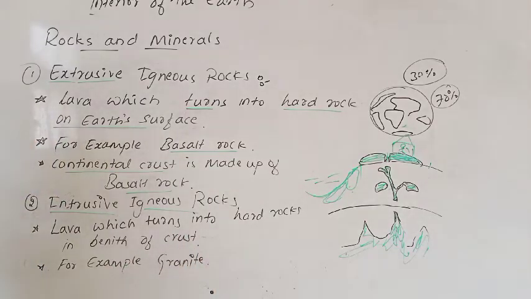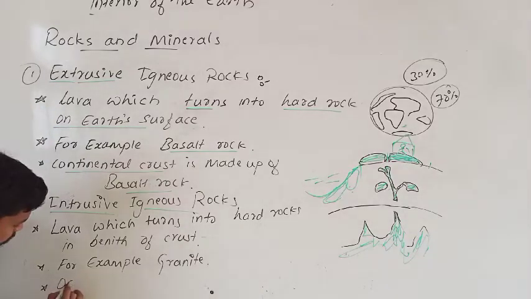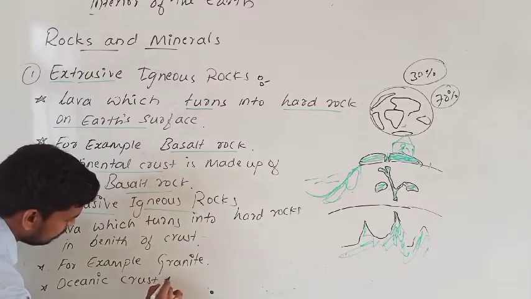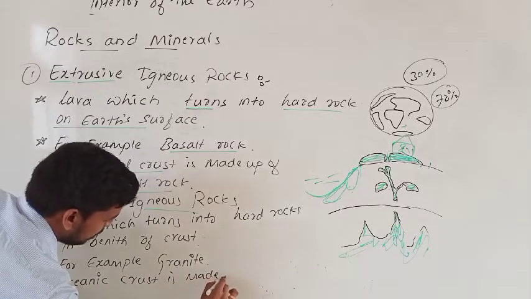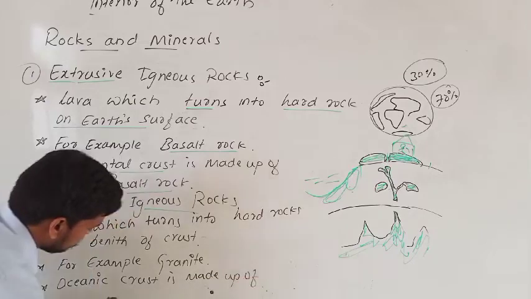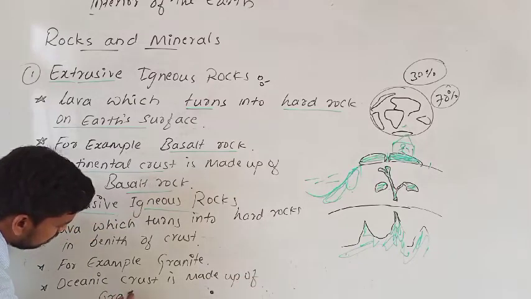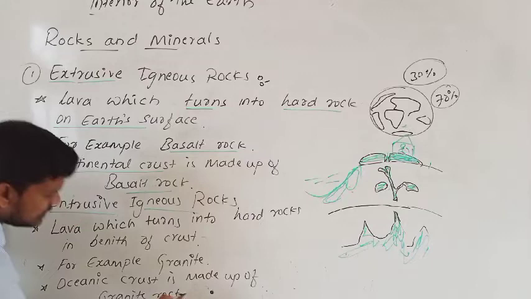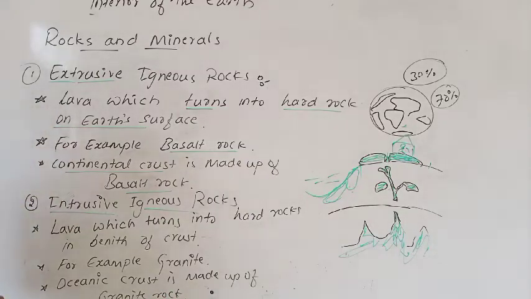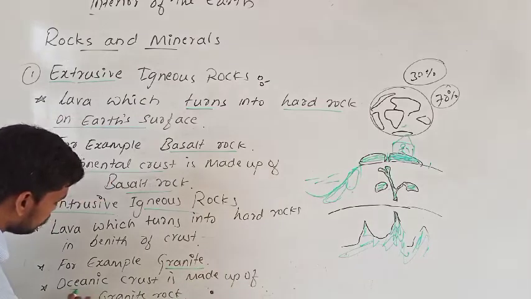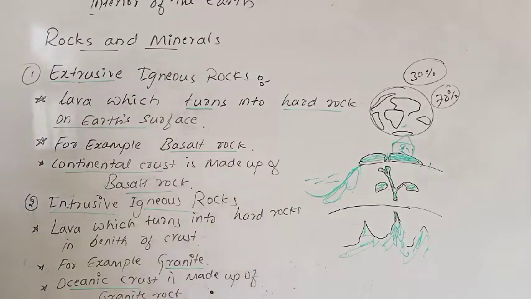So the oceanic crust is made up of granite rock. Granite is an example of intrusive igneous rock. Oceanic crust is made up of granite rock. That's about igneous rock and its types.